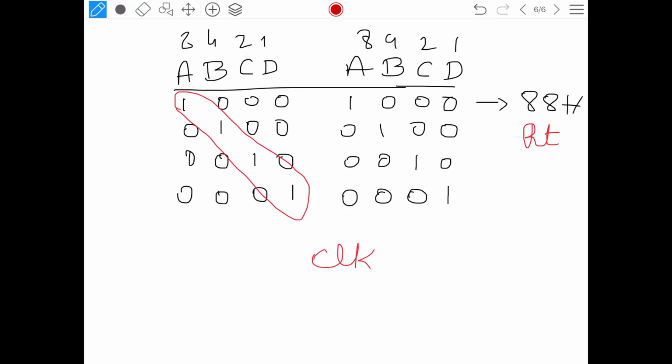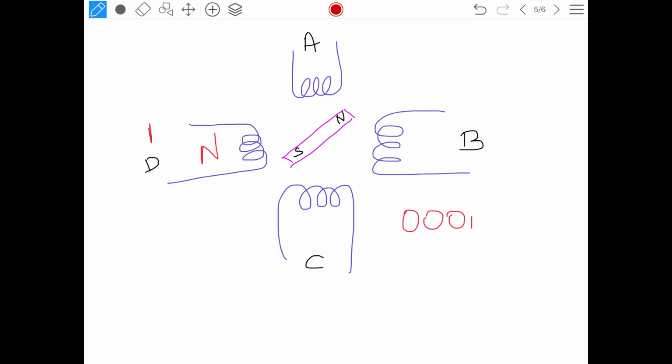Now, let us go to the other direction of rotation. I will first energize D, north pole, so the motor will be repelling north poles. The sequence is 0, 0, 0, 1. Later, I will energize coil C, so the sequence is 0, 0, 1, 0.